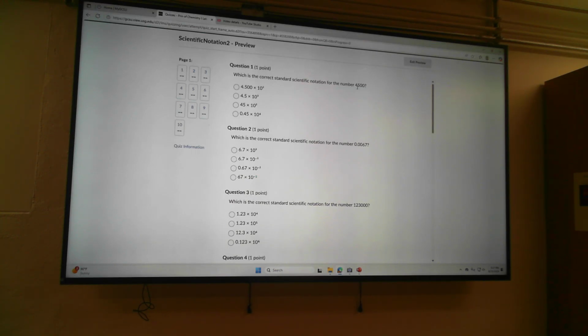You're not multiplying the amount, so if you put 4.5 times 10 to the negative 3, you're doing this. That's why it's positive. You're making it bigger.